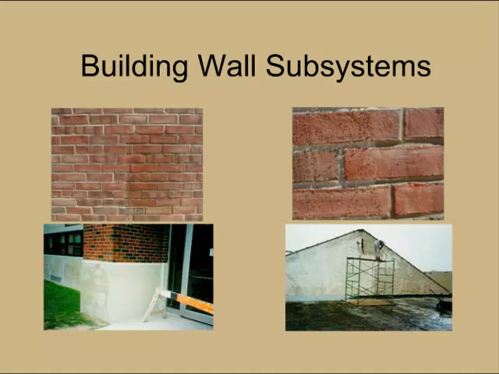There's a couple examples of some weather protection that can be provided on the building wall subsystems. You can see in the left picture there's a darker area there, and on the left it's a lighter color. And what this is, waterproofing has been provided. It's a clear system.